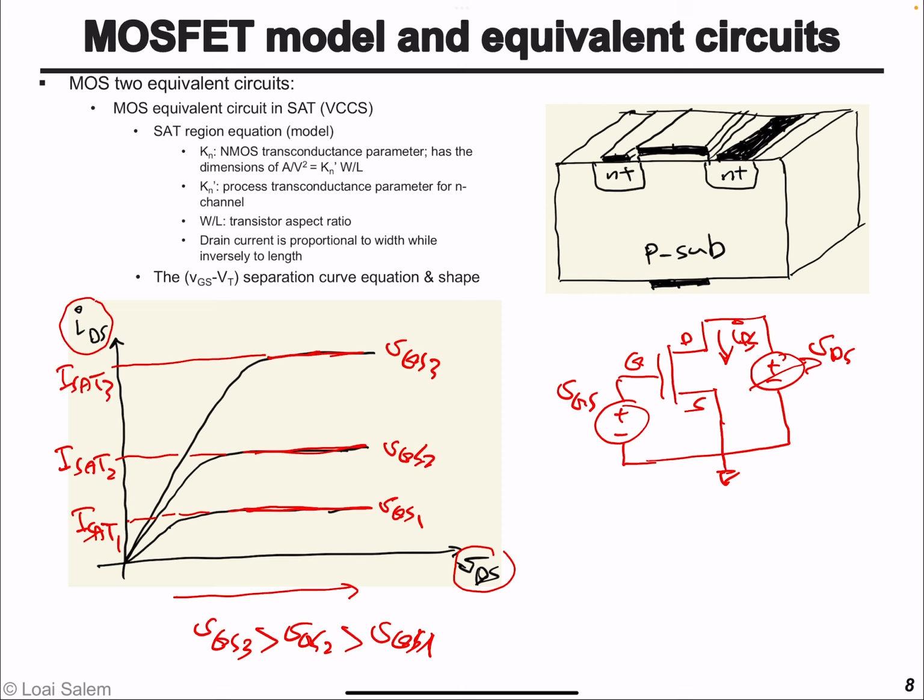So as you can see, I sat 3 is larger than I sat 2, which is larger than I sat 1.